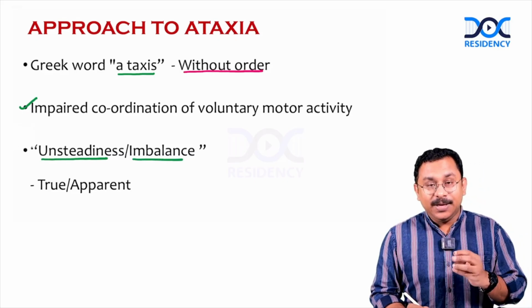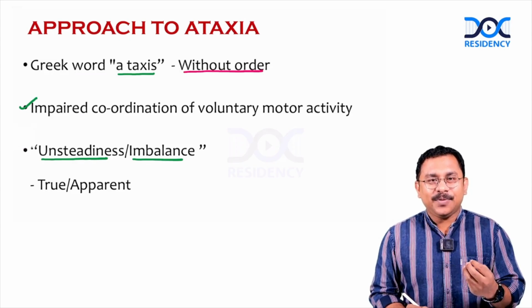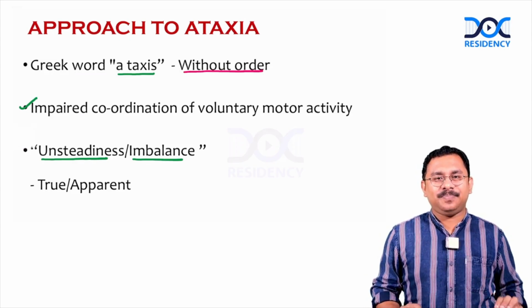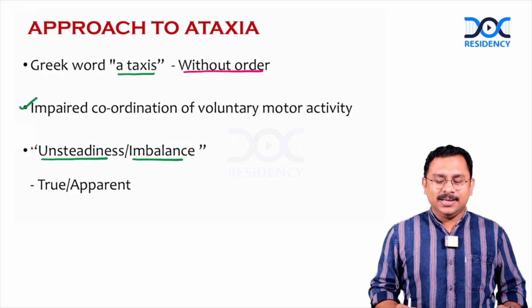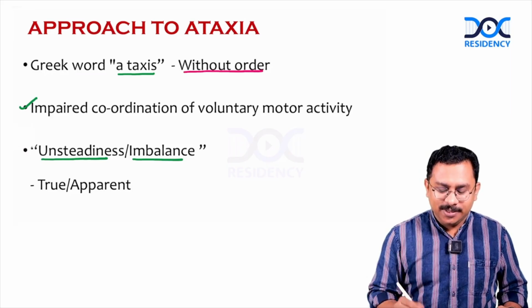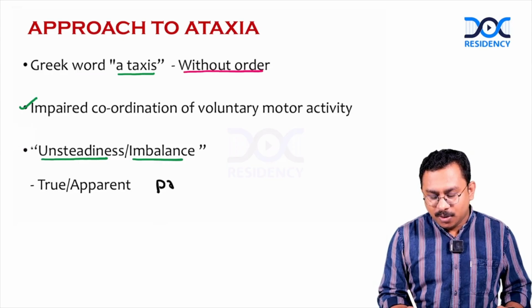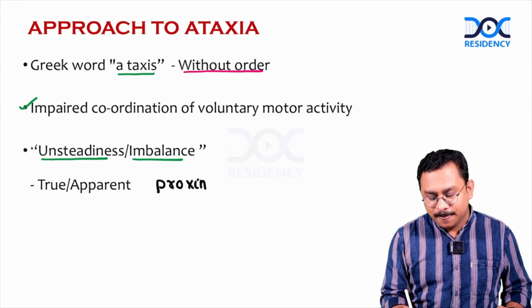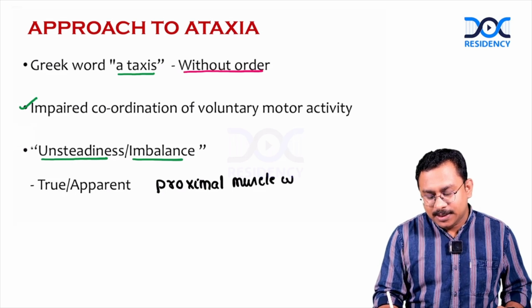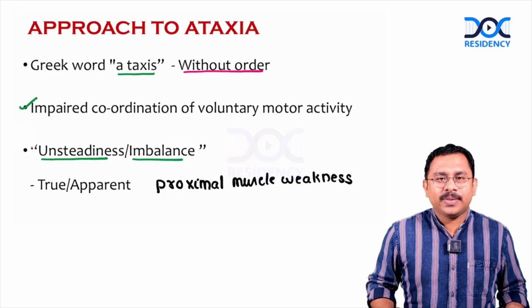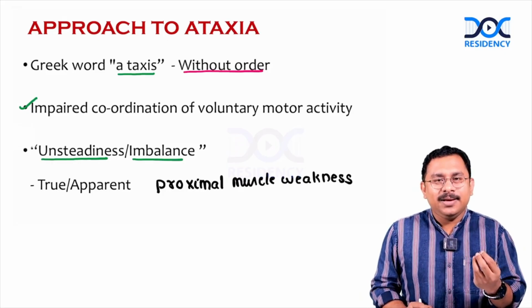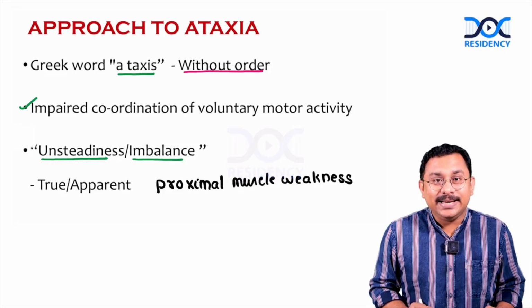Now remember, this may be a true ataxia or an apparent ataxia. There are certain ataxia mimickers. When you have a patient with some sort of proximal muscle weakness, this can cause some sort of unsteadiness while the patient walks, and this may be misinterpreted as an ataxia.